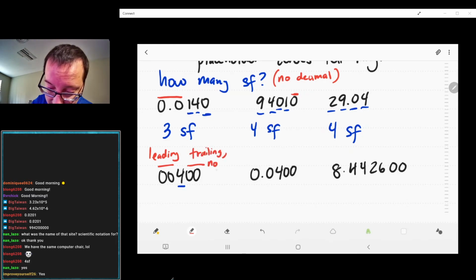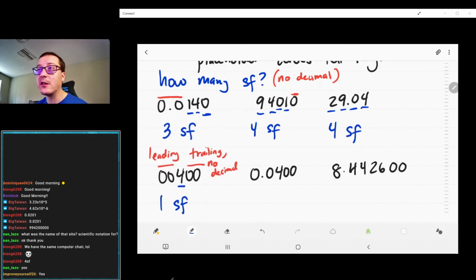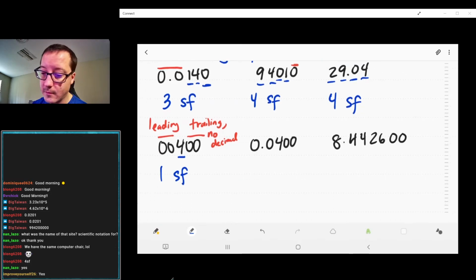And we do not have a decimal. So this number will only have one significant figure. All right, so because there's no decimal point there, we will only have one sig fig. Alrighty.